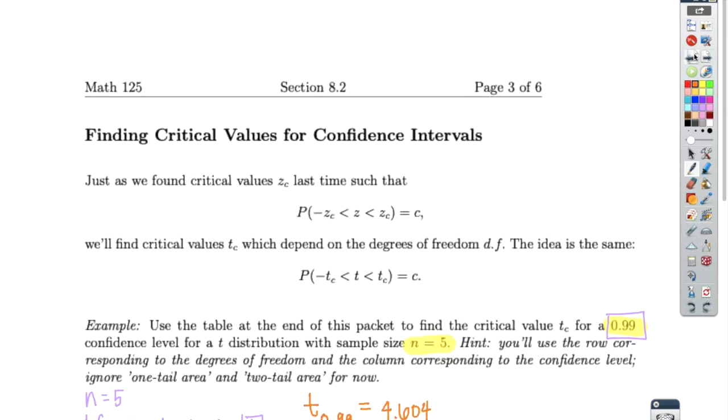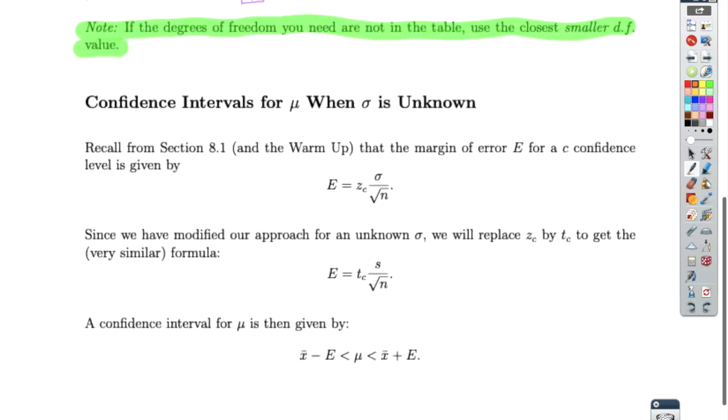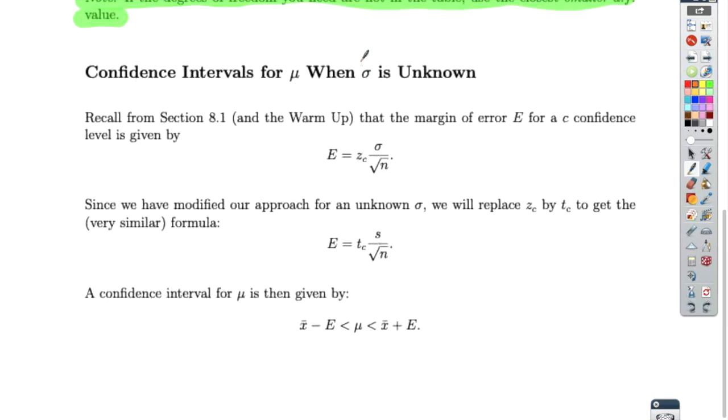Okay, so back to page 3. Now, when you do not know sigma, we're going to follow the exact same process that we did in section 8.1 and also in the warm-up to find the margin of error, and then we'll create our confidence interval from that.